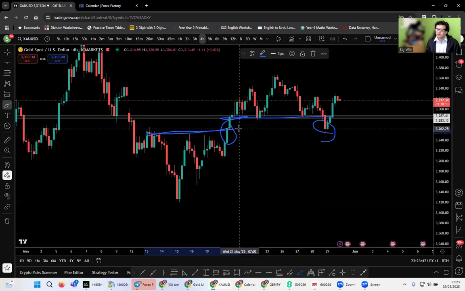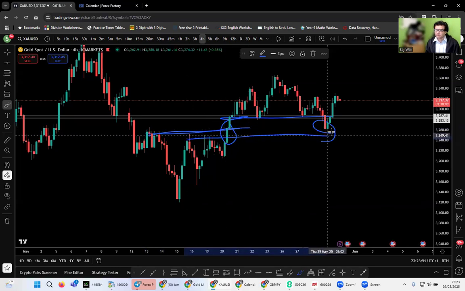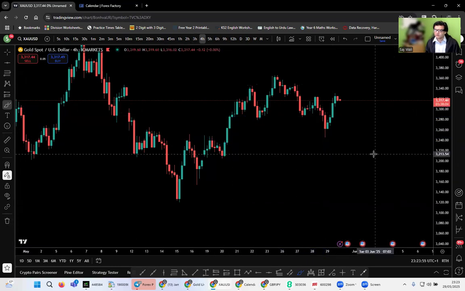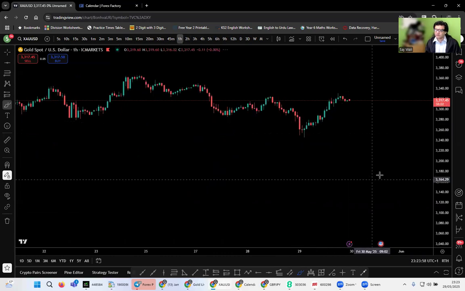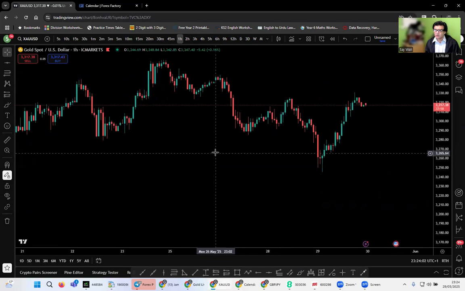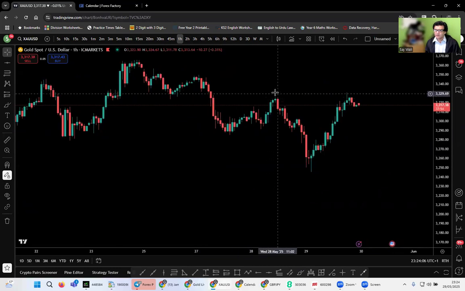And this level was tested with the wick. Okay, I hope that makes sense. Now what? Technically, it is a sell from here right now.